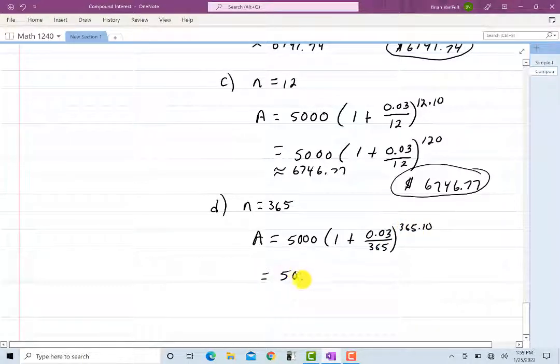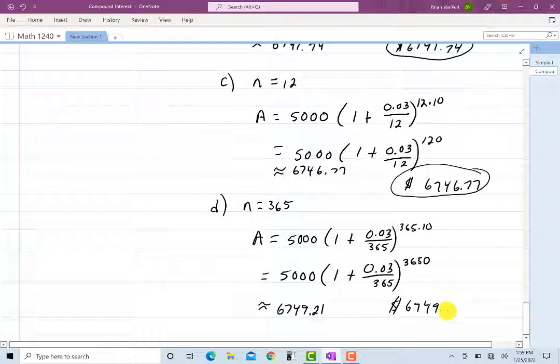And I'll rewrite that as 5,000 times 1 plus 0.03 over 365 to the 3,650th. Here we get 6749.21. And you can see that's just a little bit more than what we had for monthly.